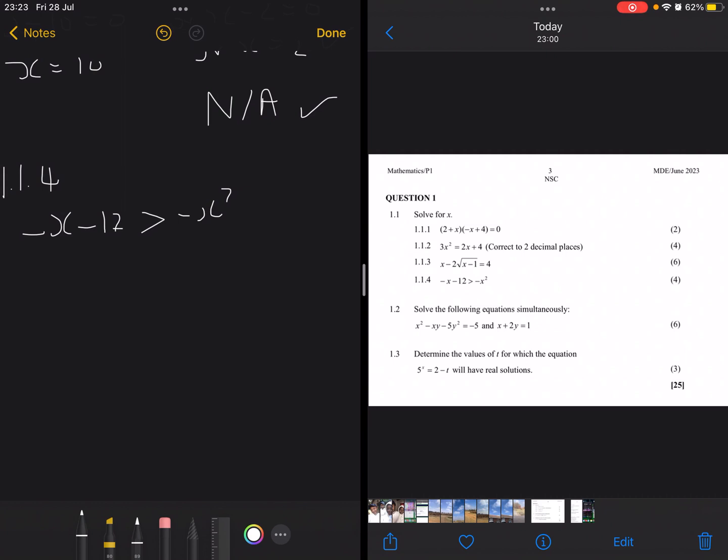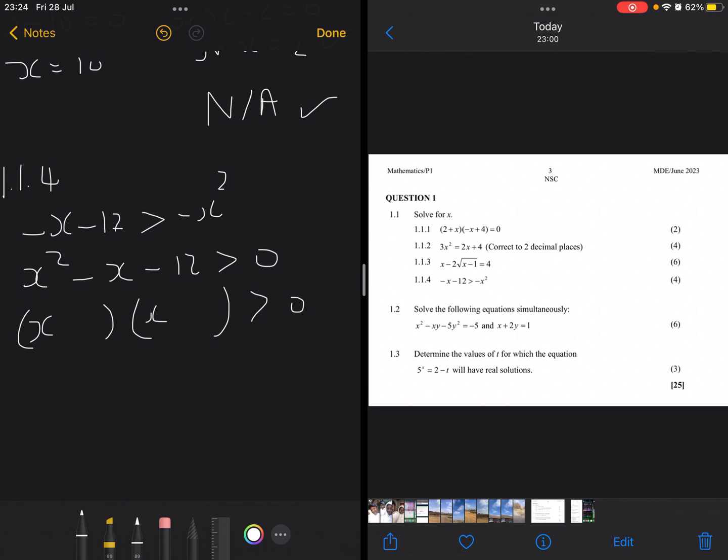So we have to take the negative x squared. Let me erase that. The negative x squared, we take it to the left hand side, so it becomes a positive x squared minus x minus 12 greater than 0. Next up, we factorize as per normal by opening two brackets, and we put x and x.